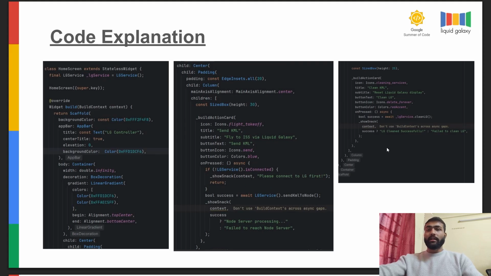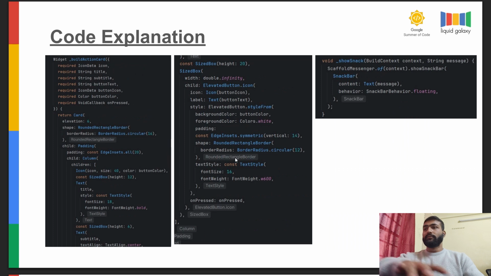Then we have action cards, as before in the connection screen widgets. And we also have a clean LG button, which on pressing uses the function LG service dot clean LG. Then this is the card which uses simple design schemes and follows the overall theme of the app.